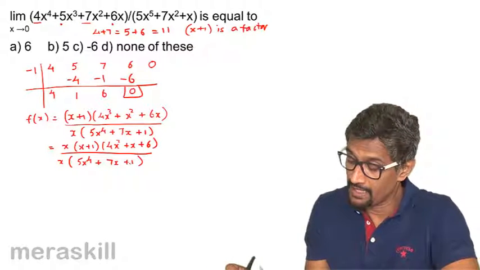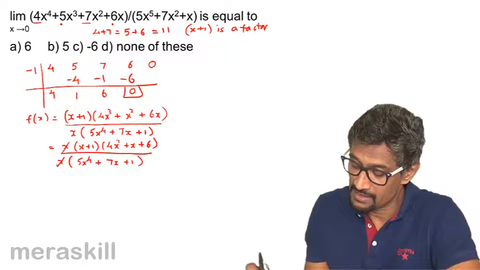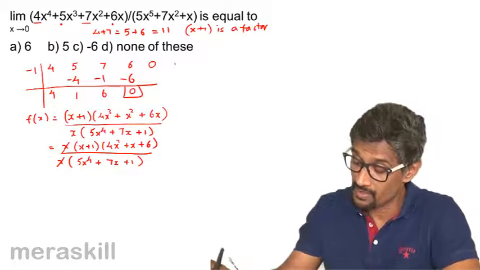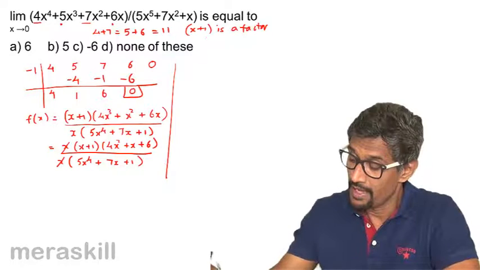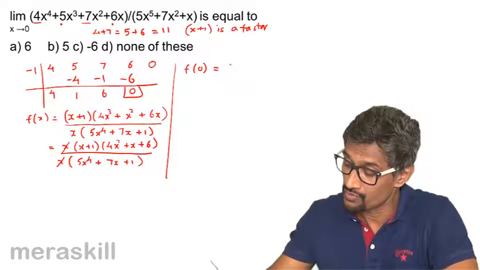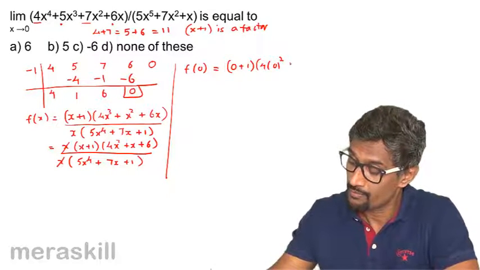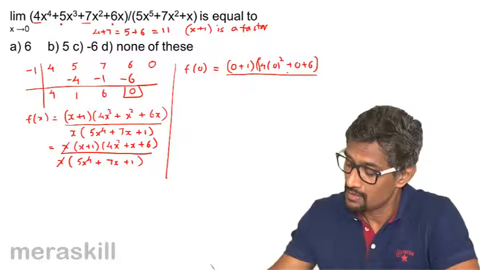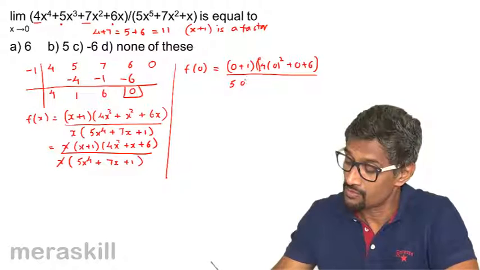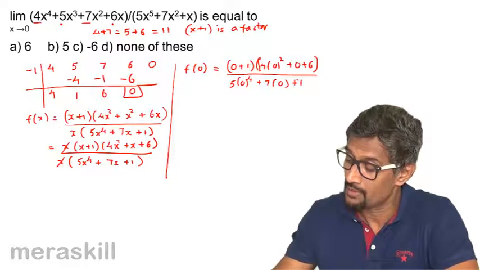So you'll find that this gets cancelled. So the expression becomes determinate. And now this is nothing but f of 0. So it will give you 0 plus 1 into 4 into 0 square plus 0 plus 6 upon 5 into 0 raised to 3 plus 7 into 0 plus 1.